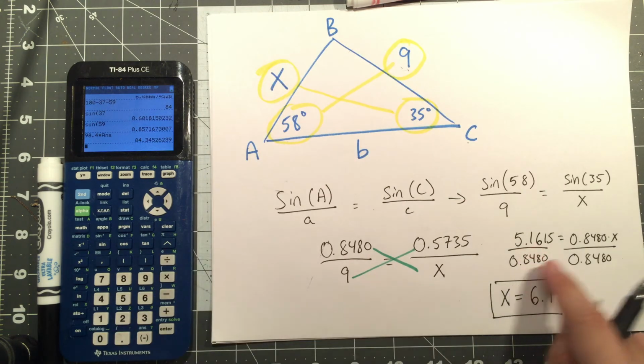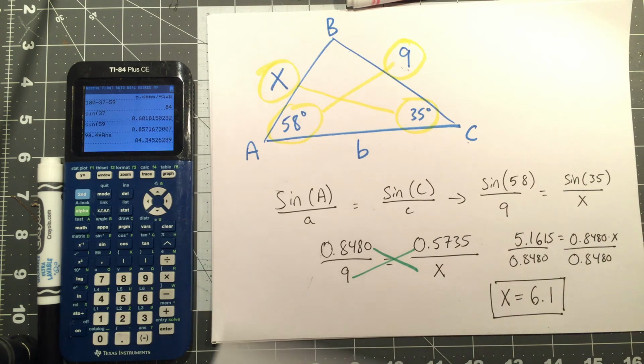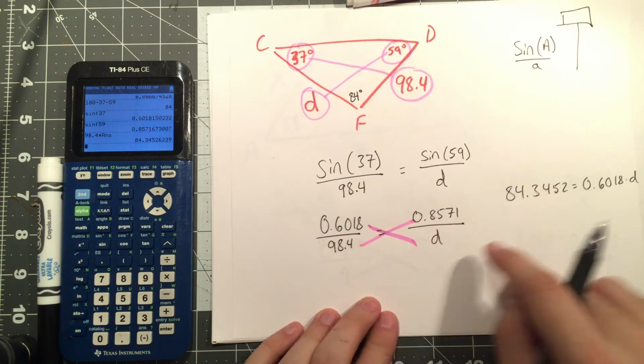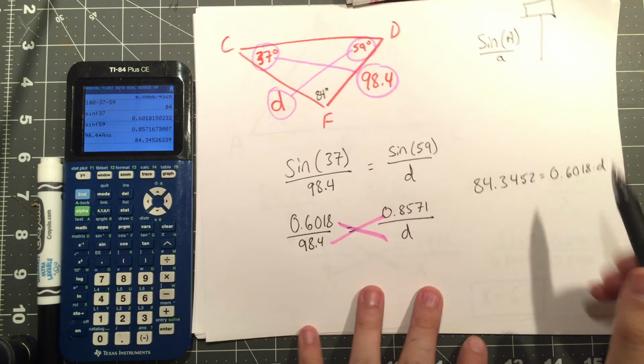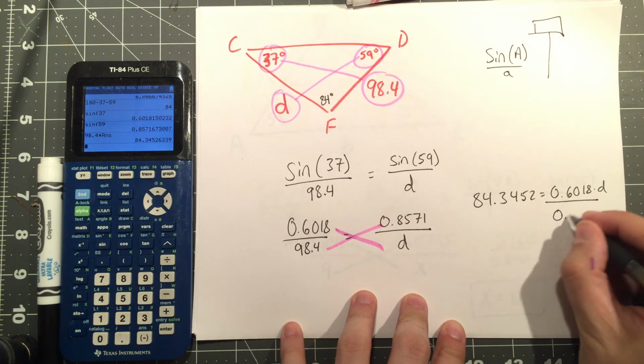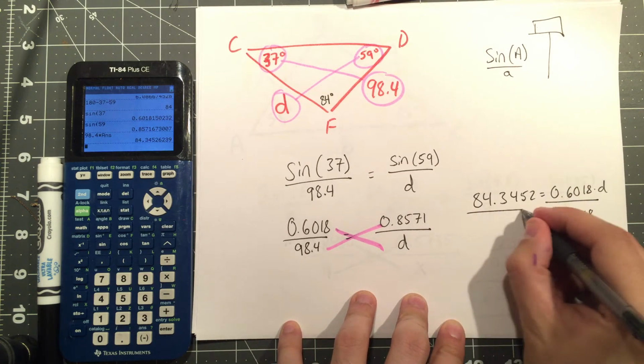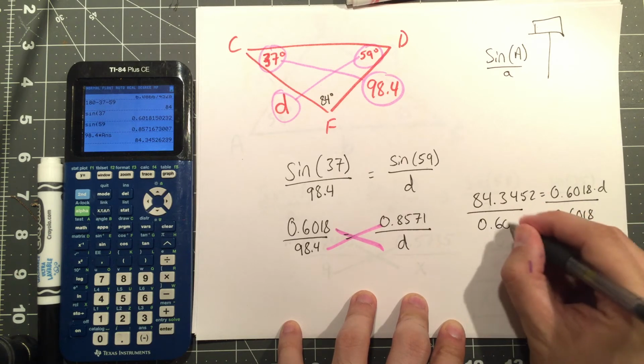I've been keeping them as I go, and on my final answer I can shorten it. But if I start shortening every step, I'll start losing a little bit of accuracy. So I try to keep as many as I can while I'm solving it. 0.6018.